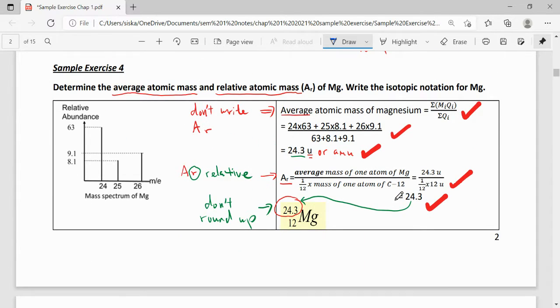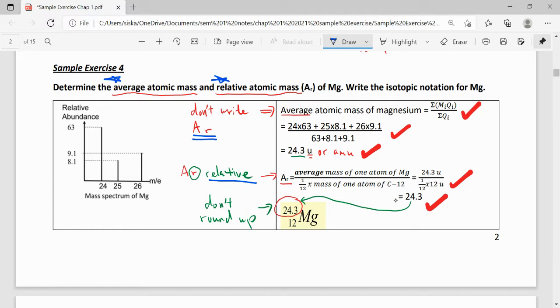Another one that I want to emphasize is on these two terms: average atomic mass and relative atomic mass. When you are writing average atomic mass, do not write the symbol Ar, because Ar stands for relative atomic mass, not average atomic mass.